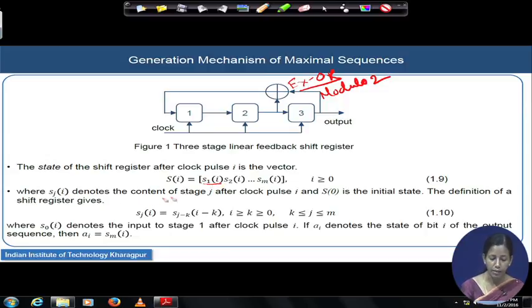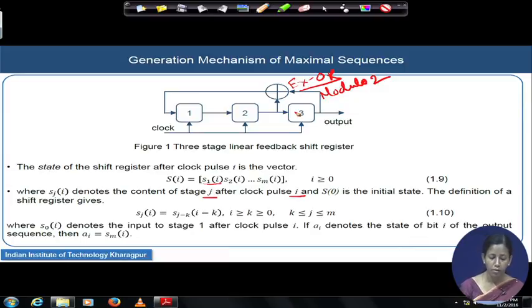If generalized, it should be S_j^i, where j is the name of the stage and i is the number of the clock pulse for which you are writing the value of the stage. Of course, if I write capital S^0, it gives the initial condition of each stage.